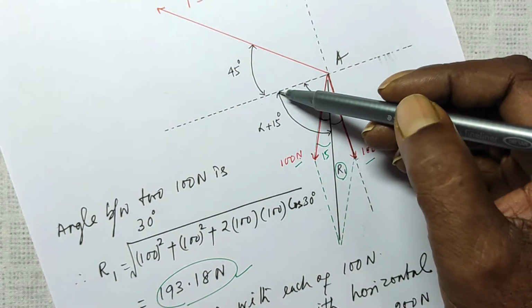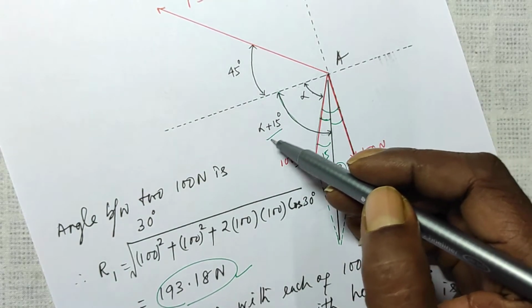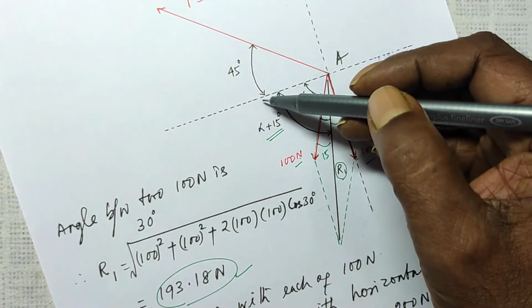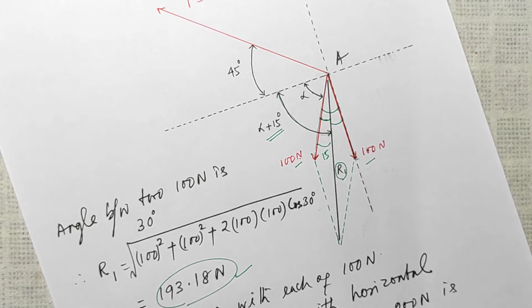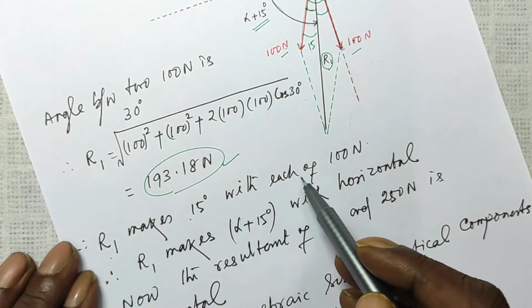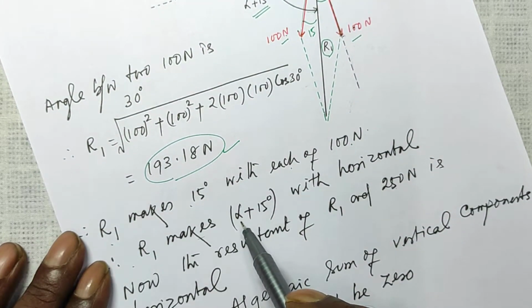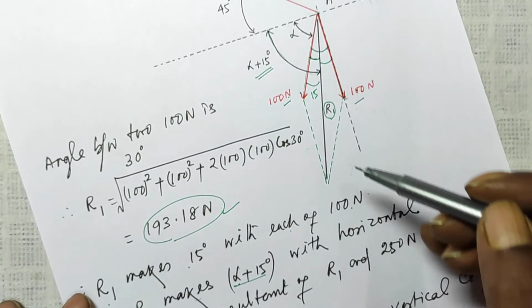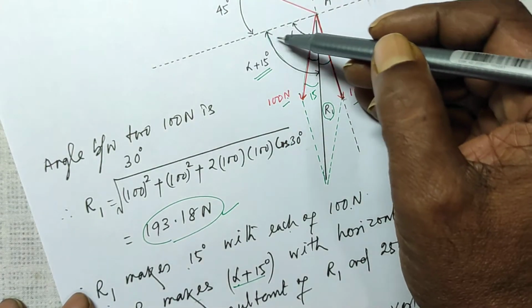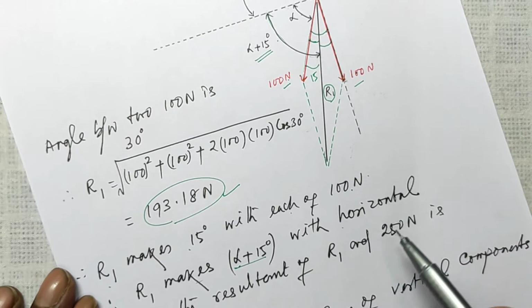So the angle from here to here will be alpha plus 15 degree, and this is given 45. Now R1 makes 15 degree with each 100 Newton, and therefore R1 makes alpha plus 15 with horizontal.